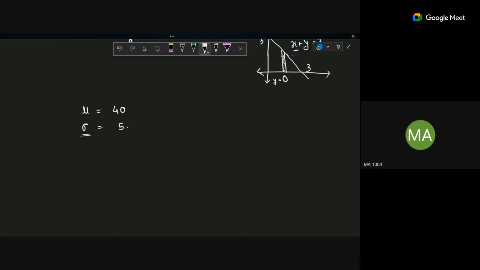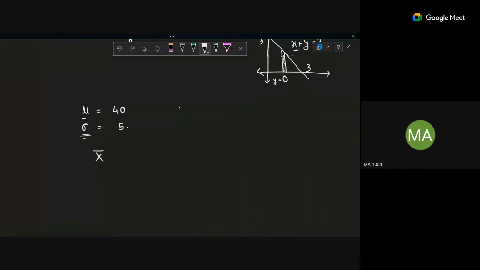One more thing is given: the variance of the sample mean for sample size n1. Just tell me, these are the mean and standard deviation of what? It is of the whole population, the original distribution.